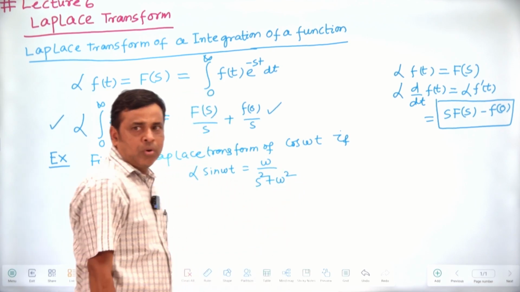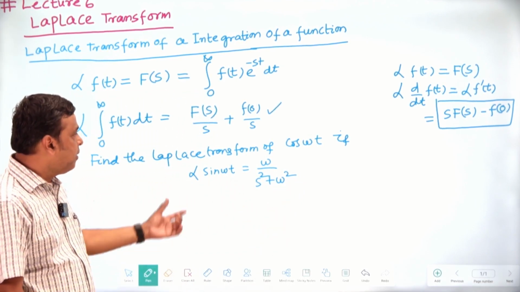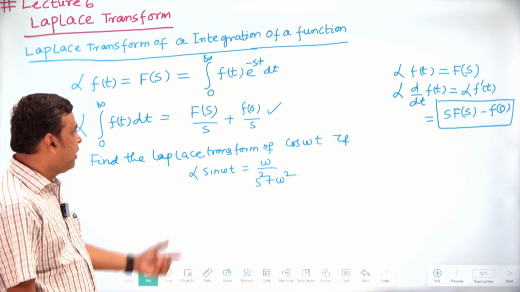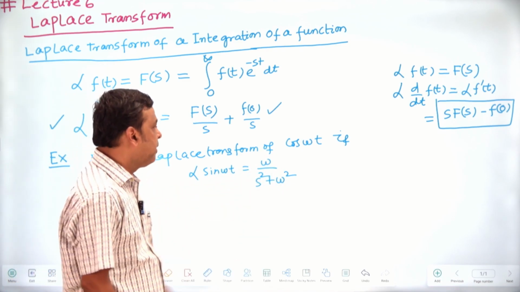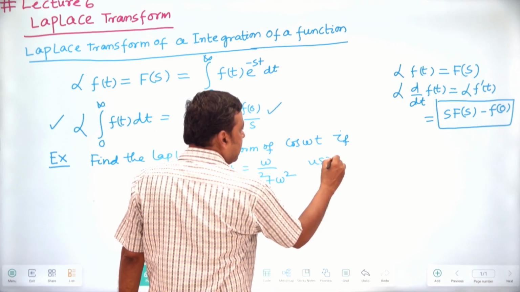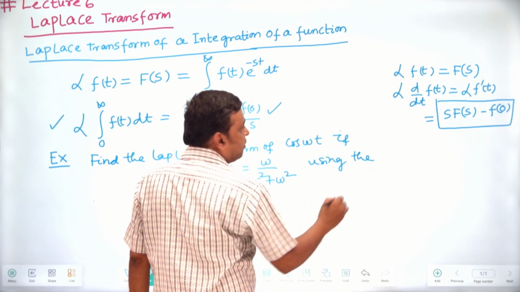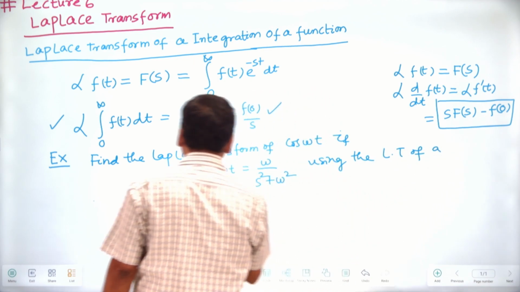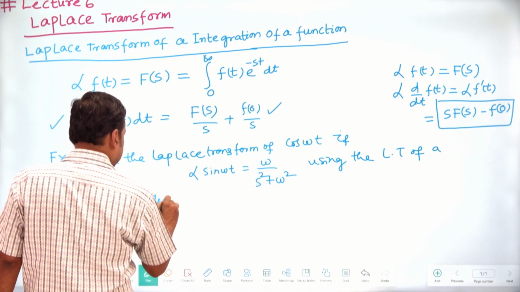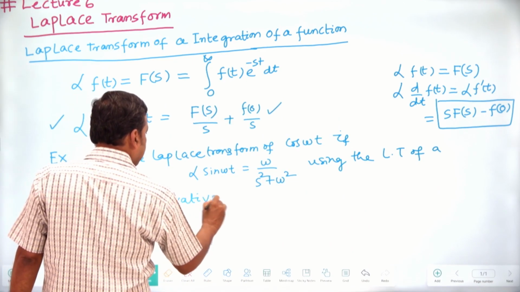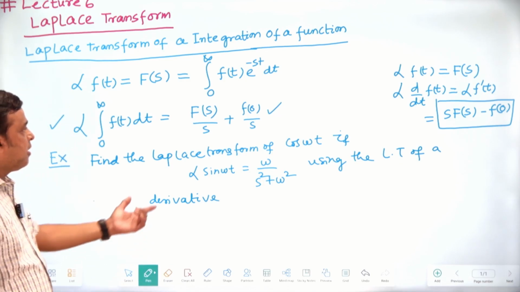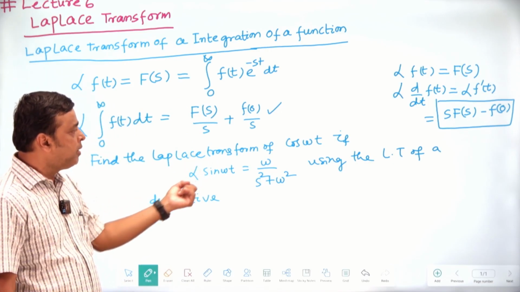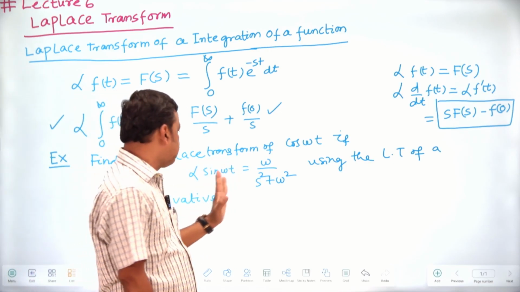I already told you that the Laplace transform of sin omega t is omega by a square plus omega square. Find the Laplace transform of cos omega t, given that the Laplace transform of sin omega t is omega by a square plus omega square, using the Laplace transform of a derivative of a function.